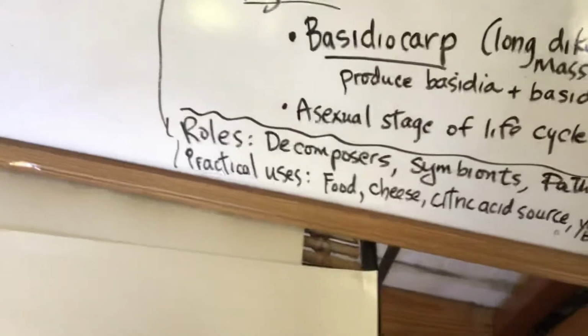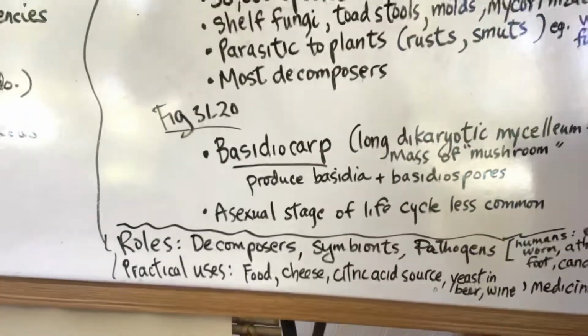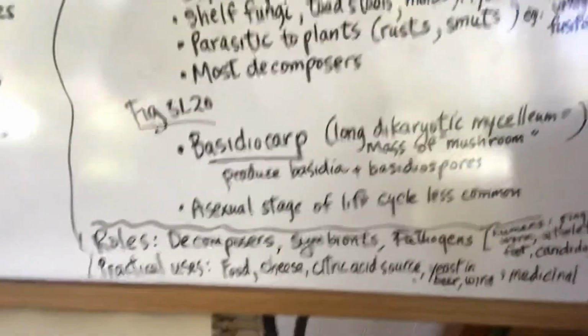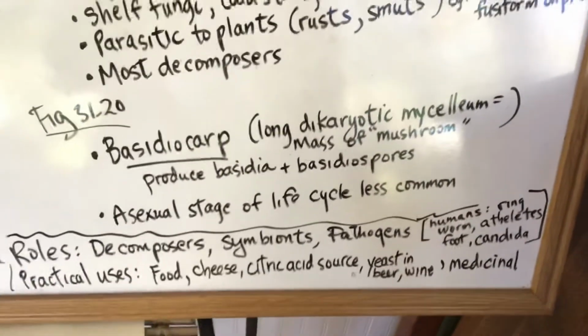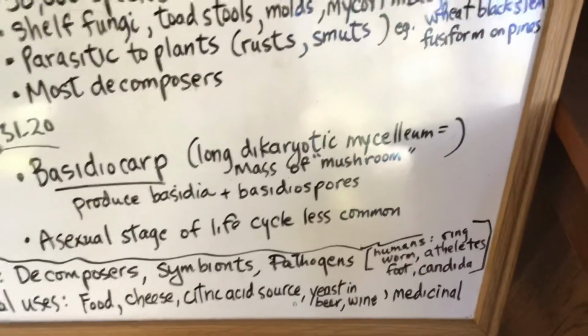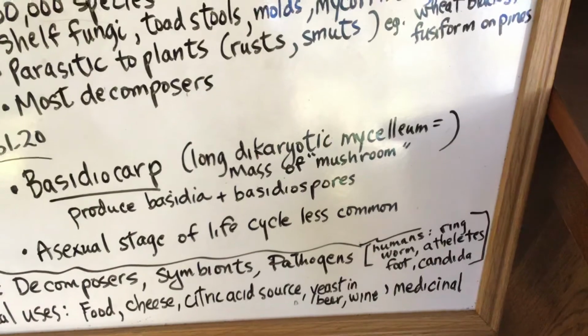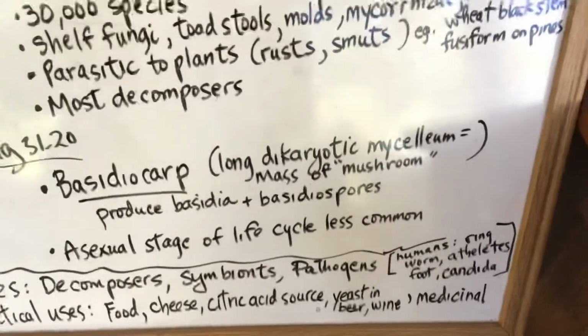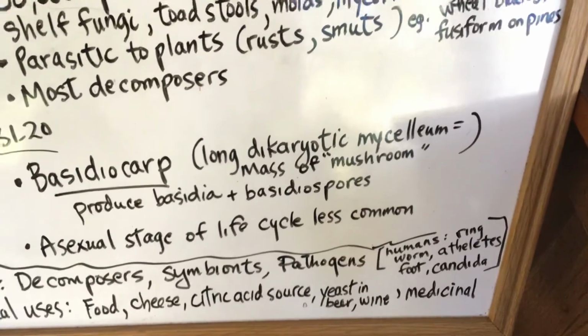All right. Now the roles of fungi in nature are mainly as decomposers. As you've seen, there's some symbionts and some pathogens, some parasites even. Some pathogens to humans that we didn't talk about are ringworm, athlete's foot, and candida, which can overgrow your digestive system.